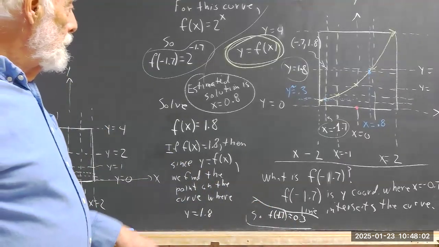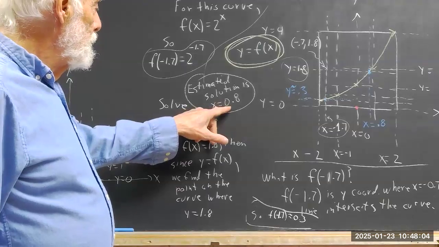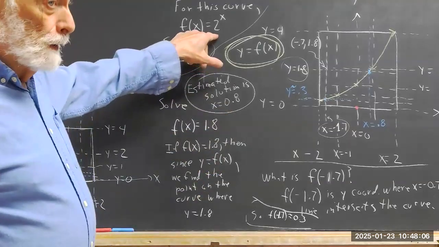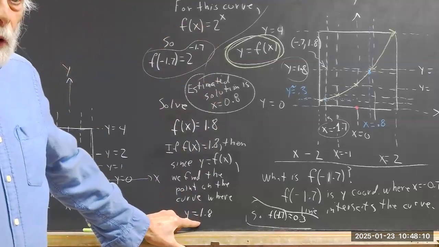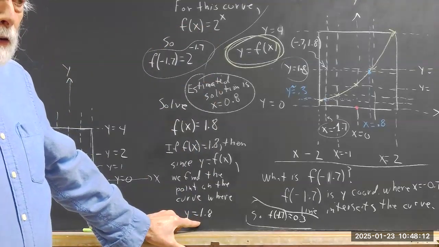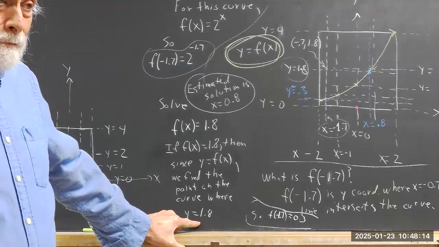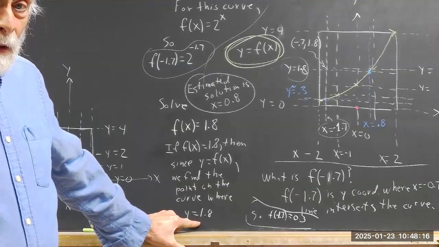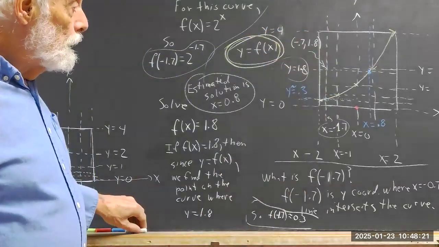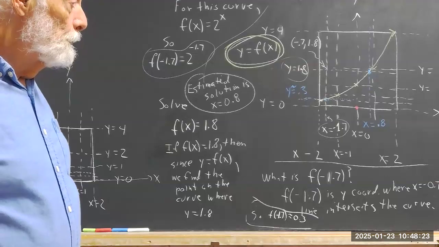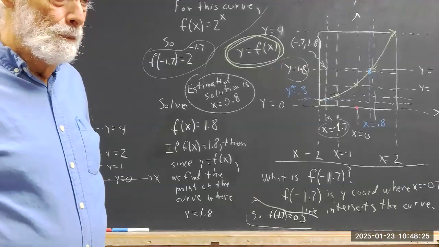And by taking 0.8 and plugging it into this formula and seeing how close the result is to y equals 1.8. And it's going to be fairly close. With this curve, if you draw the thing carefully by hand, you can come up with something that allows you to make some pretty accurate estimates.